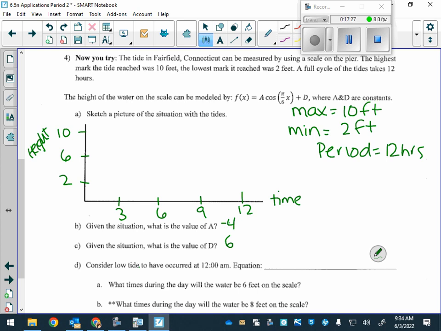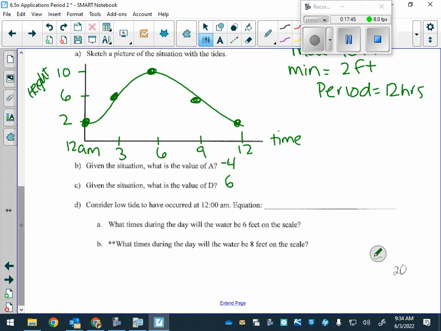So we're starting at low tide at 12 a.m. Okay. Good. How many of you guys did have that? Good. Okay, so your equation, -4 cosine pi over 6 x plus 6. Excellent.